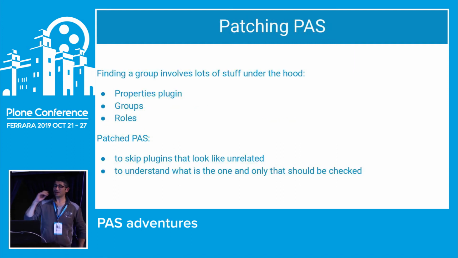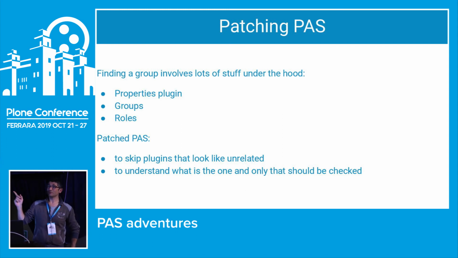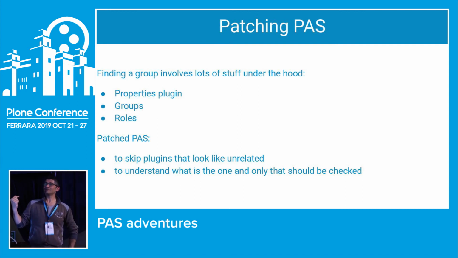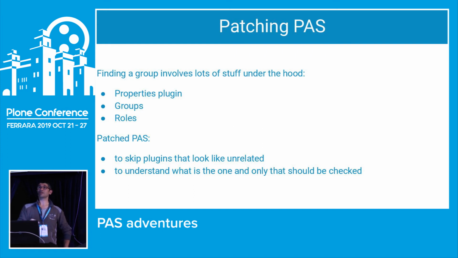So some drawbacks. And then we also patched PAS, because if it was not enough that Plone was patching the pluggable authentication service, we also patched it, in a way that when PAS was receiving a group, instead of getting all that information from all the plugins, it should be smart enough to try to understand from the ID if that one was a collective workspace group, a user, or a regular group, and so decide by itself if it made sense to use all the active plugins or just a bunch, because we said that you can activate and order the plugins.